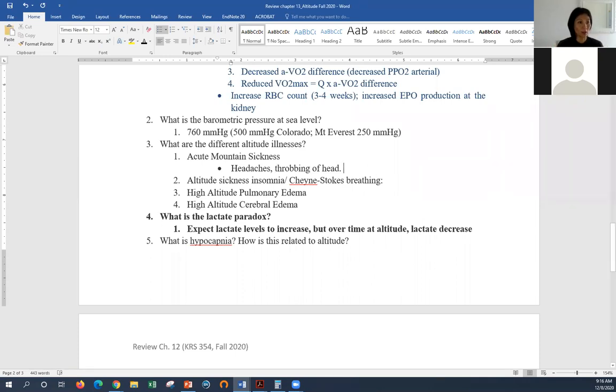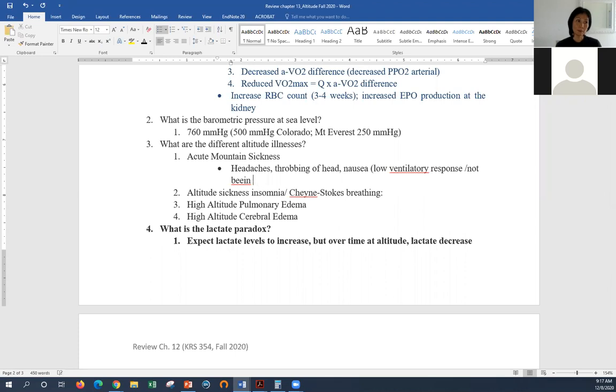You can actually feel your heartbeat in your head. Nausea is another one. And this is going to be a result of a low ventilatory response and not being acclimatized.